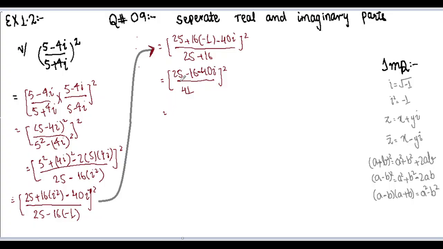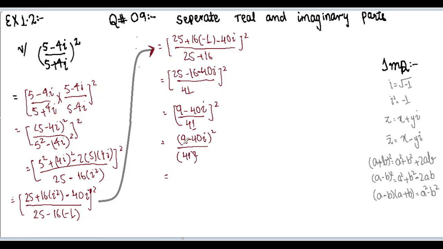So it gives us 25 minus 16 gives us 9 minus 40 iota whole divided by 41 whole square. So 9 minus 40 iota square whole divided by 41 square.